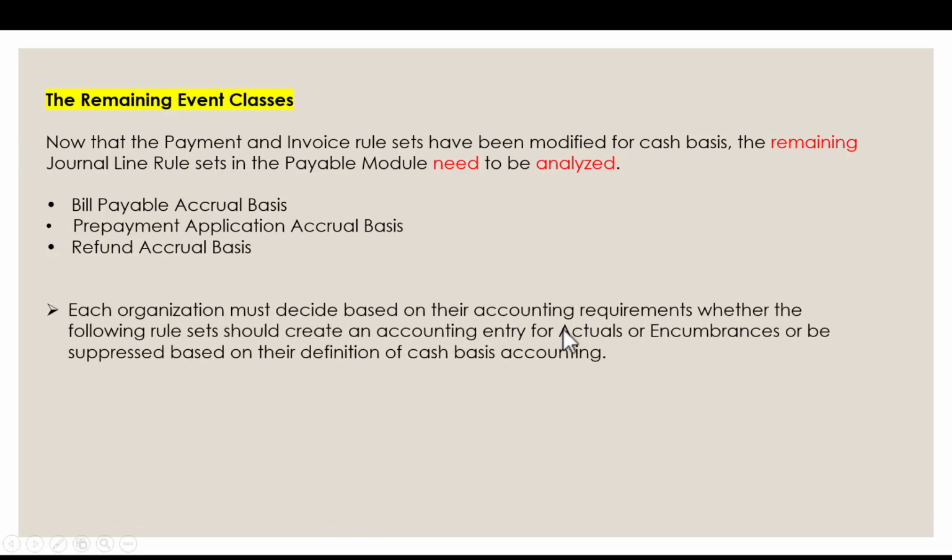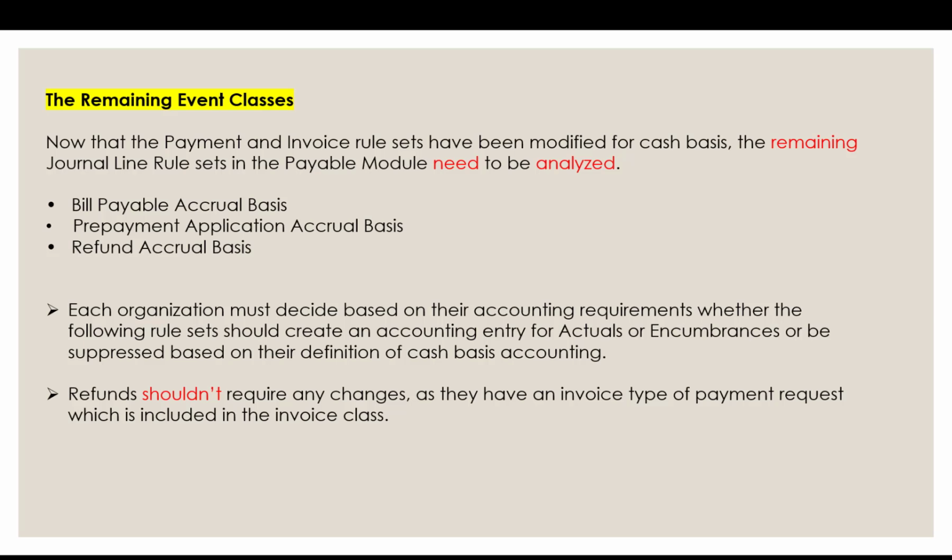Each organization must decide, based on their accounting requirements, whether the following rule sets should create accounting entries for actuals or encumbrances or be disabled, based on their definition of cash basis accounting. So it depends on the organization. For example, refund shouldn't require any changes as they have an invoice type of payment request, which is included in the invoice class.